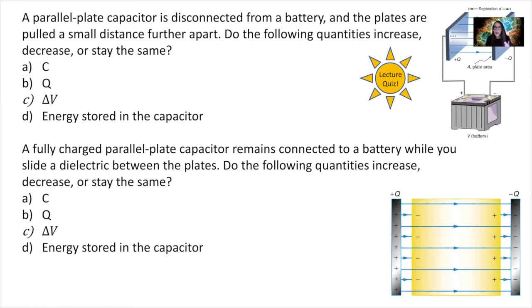So after we do that, you're going to think about, do the following quantities listed here increase, decrease, or stay the same? So we've charged the capacitor, we disconnect it from the battery, so we can't put any more charge on it. And then we increase the distance between the plates.